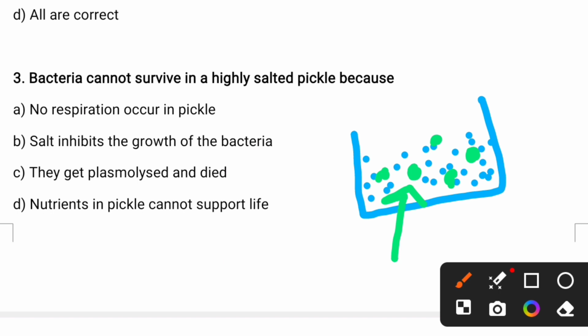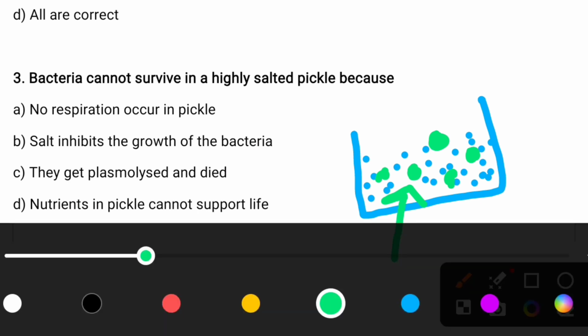Then what happens? The bacterial cell has a lower concentration when compared to the salt solution. So the movement of water molecules from the lower concentration to the higher concentration occurs.